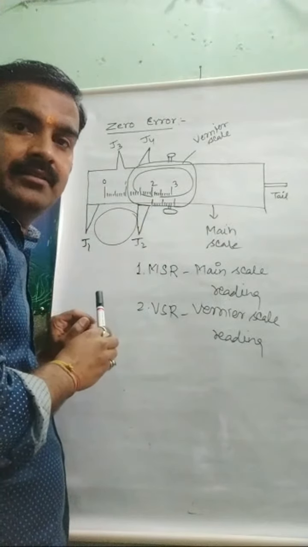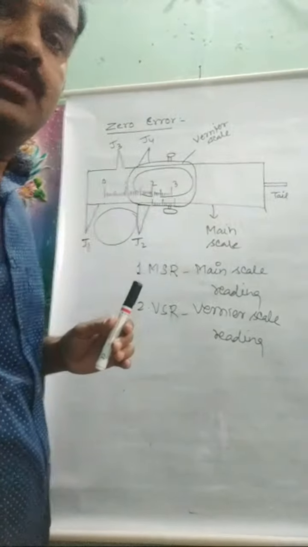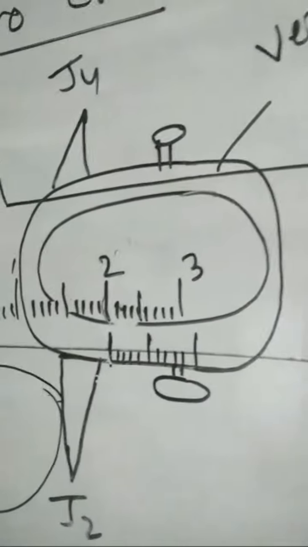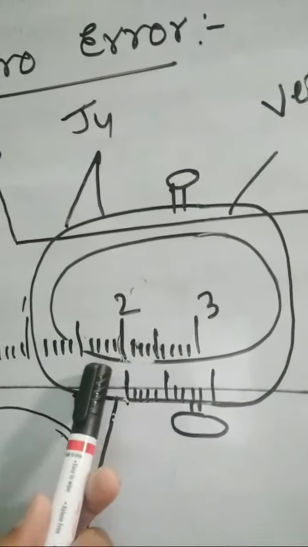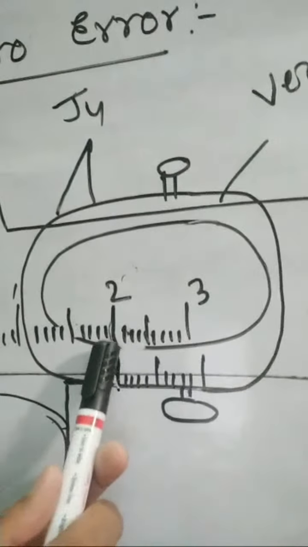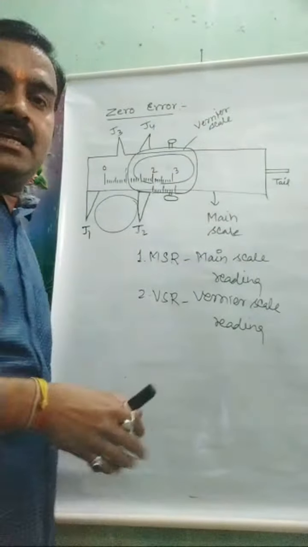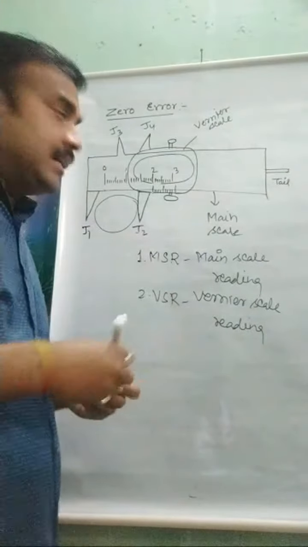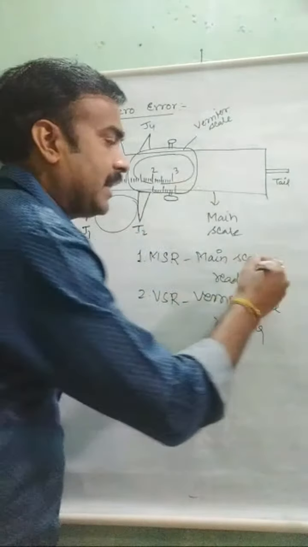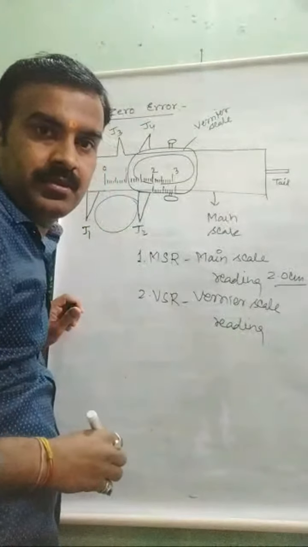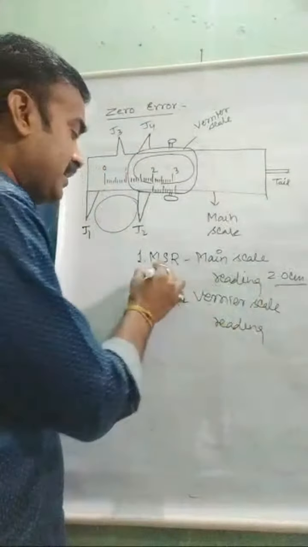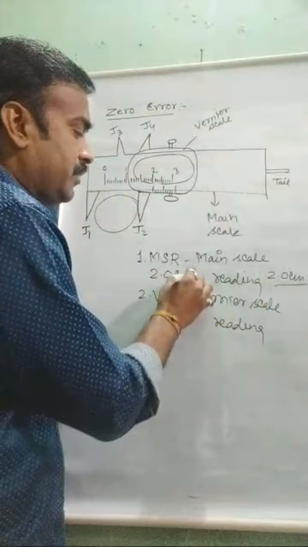You can check it properly, it is exactly at 2. So you write the main scale reading as 2.0 centimeter.